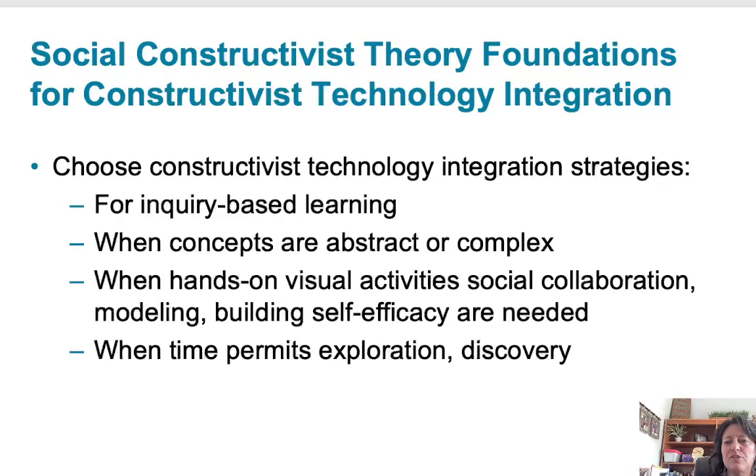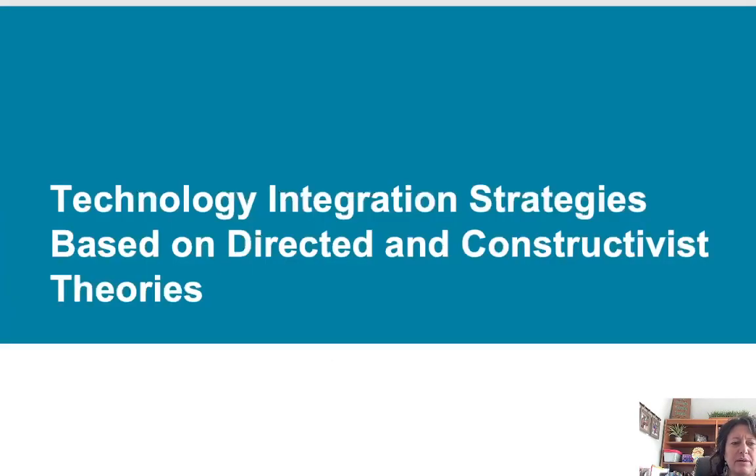So these social constructivist theories, what it means is that when you're looking for something that's inquiry-based, when you have concepts that are very complex or abstract, when you want hands-on visual activities, social collaboration, modeling, when building self-efficacy, this is a great one. And when time permits, because this is a more lengthy process, you can use discovery learning.